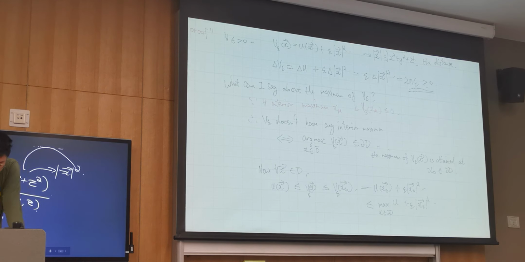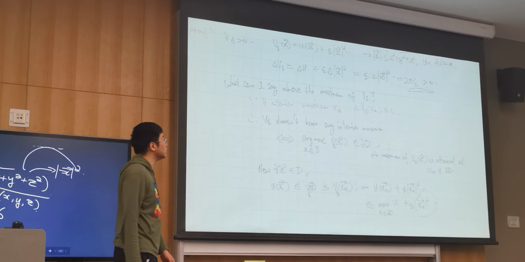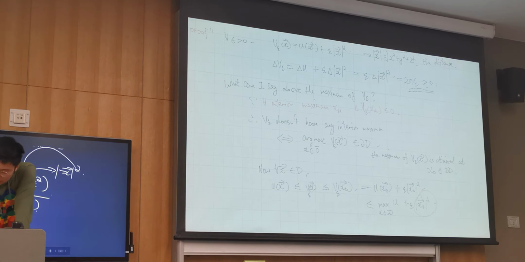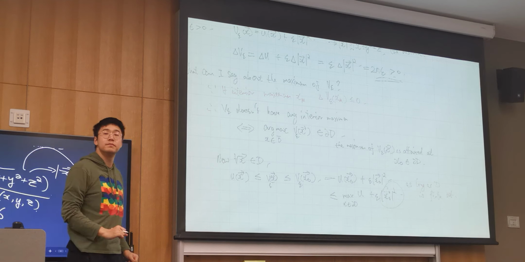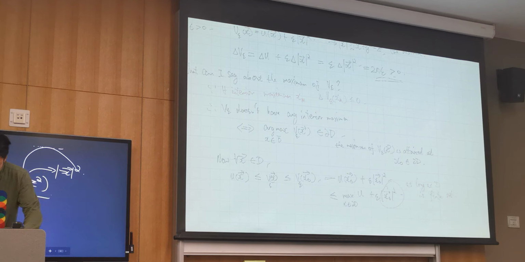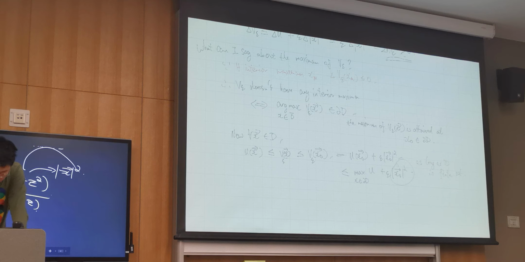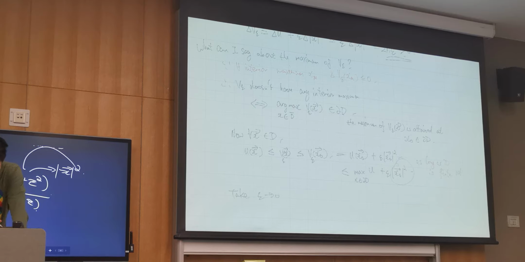But is this guy bounded? Yes, this is bounded as long as my D is a finite set, which means that my D doesn't cover any infinity. So now we simply take epsilon goes to 0.